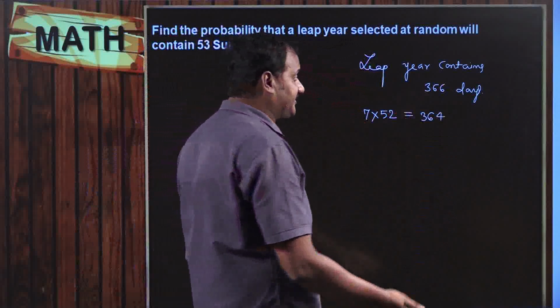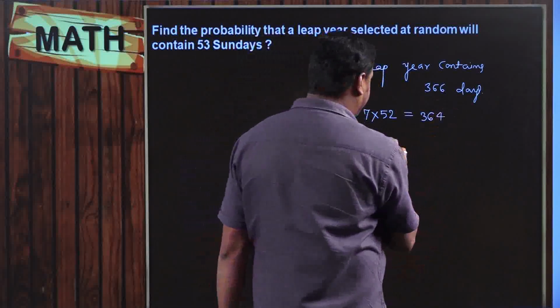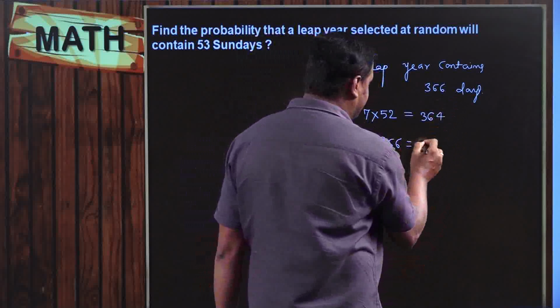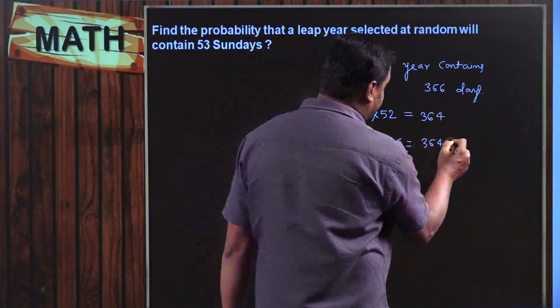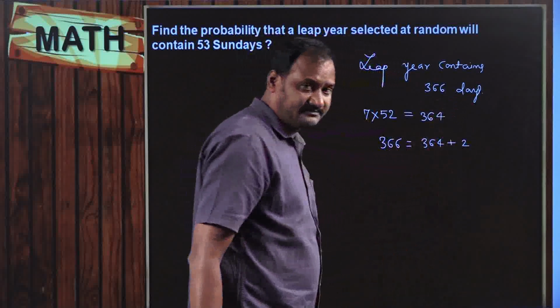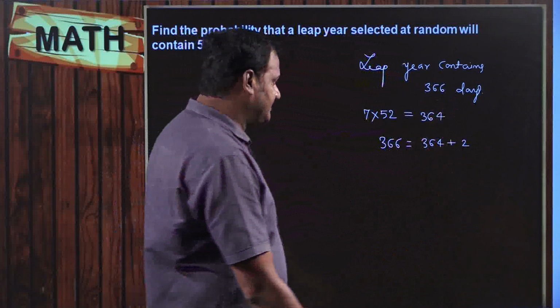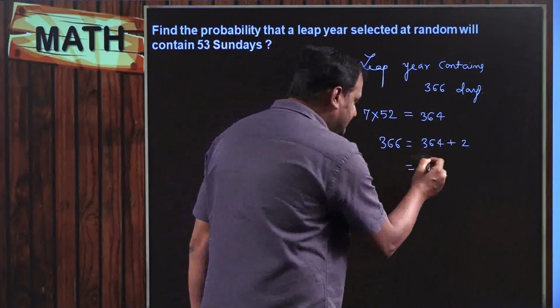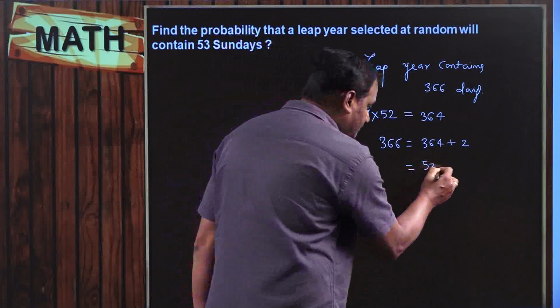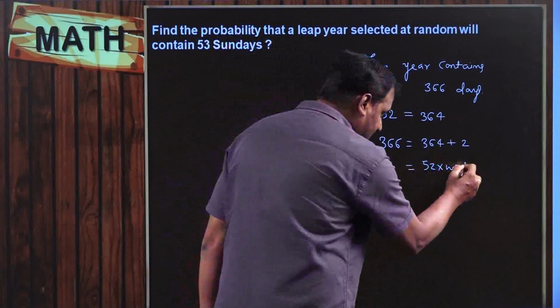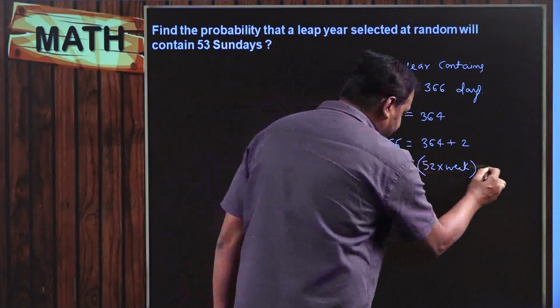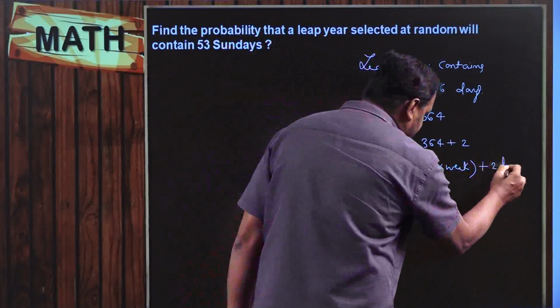So how many days are remaining? You can write 366 as 364 plus 2 days remaining. So a leap year has 52 weeks and only 2 remaining days.